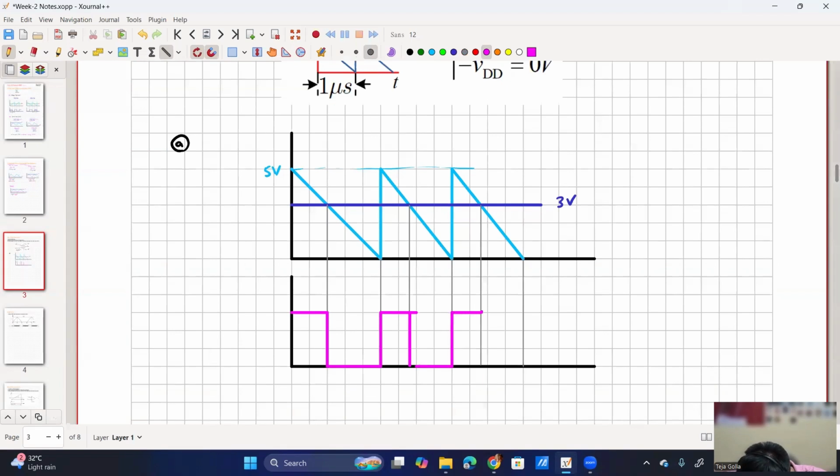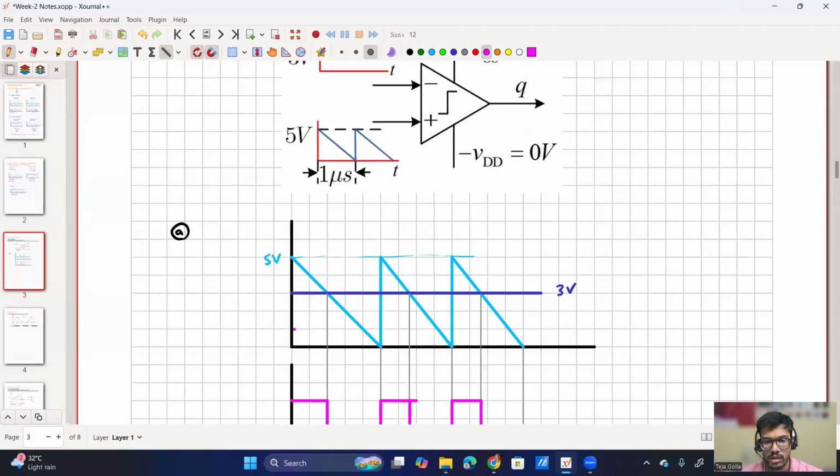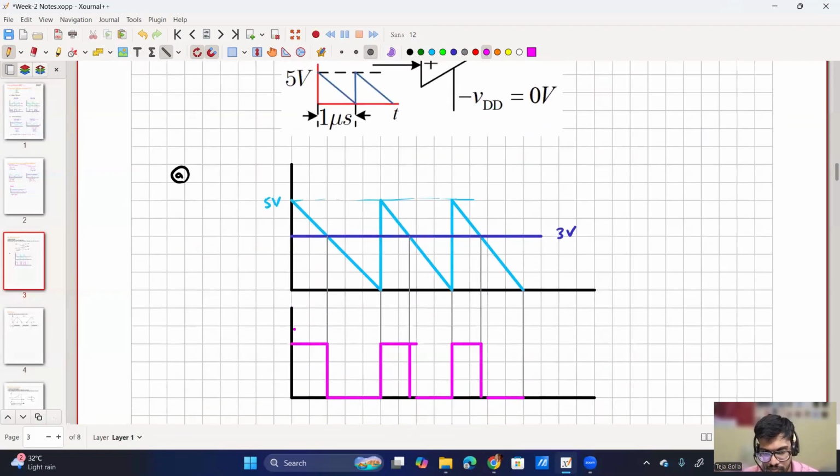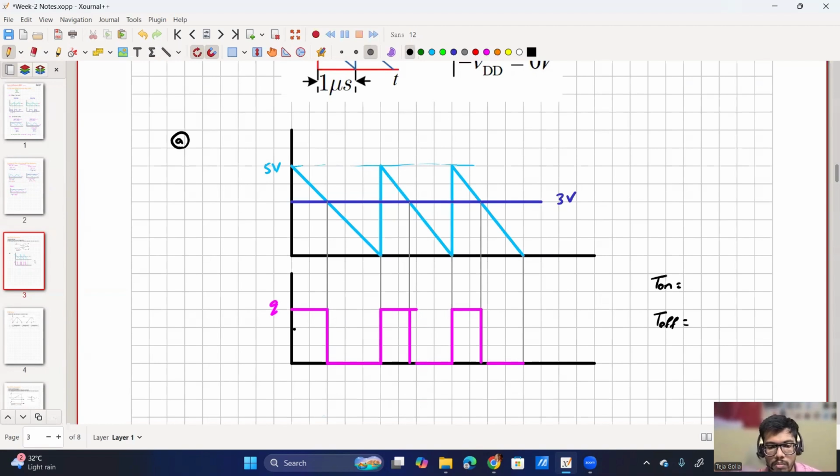I have not considered the same grid for both, so that's why the gate pulses are not identical, but it's okay. So anyone, what will be the on time and off time of the gate pulse? So this is my Q. What is my on time and what is my off time? Okay. Someone has mentioned on time is 0.4 and off time is 0.6.